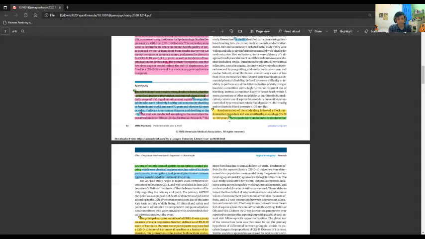In this sentence, we can see participants were randomized to receive either 100 milligram of uncoated aspirin or 100 milligram of an uncoated placebo, which were identical in appearance, in a ratio of 1 to 1.